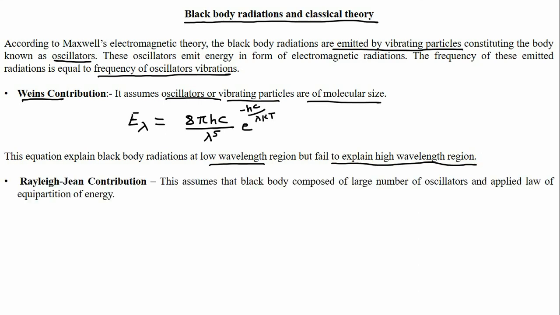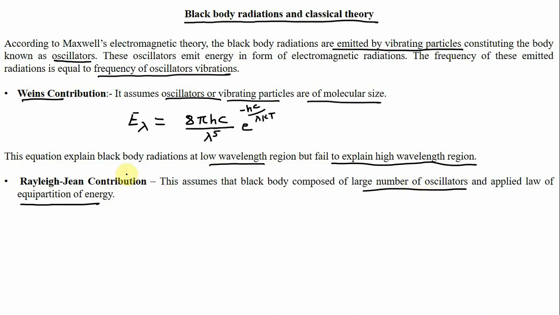The second law or contribution was given by Rayleigh-Jeans, and Rayleigh-Jeans says the black body is composed of a large number of oscillators, and he applies the law of equipartition of energy among these oscillators. That means the energy is equally distributed among this large number of oscillators.